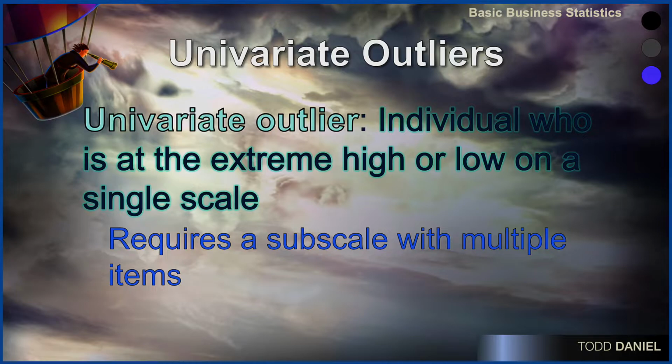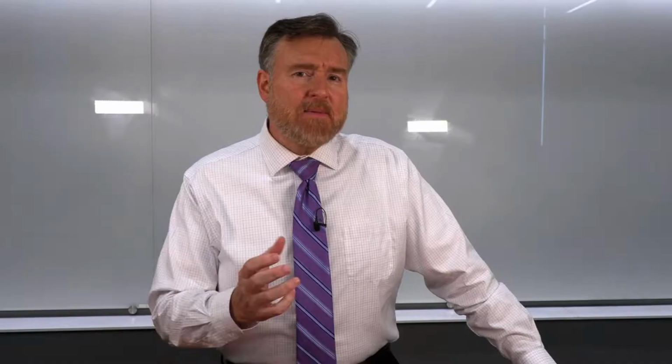Outliers can also occur on a single variable, and these are called univariate outliers. This is an individual who is at the extreme high or low on a single scale. But in order to have a univariate outlier, we would need to have a subscale with multiple items. Now let me explain best practices when doing research. You should, if you can possibly avoid it, not use a single item to measure a construct.